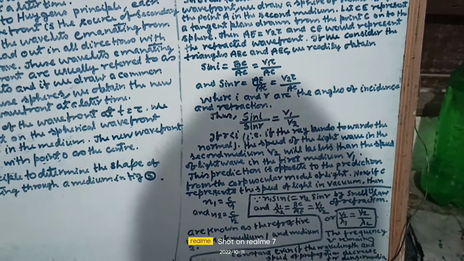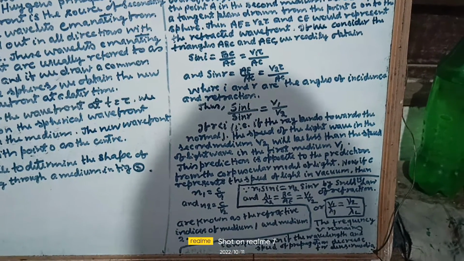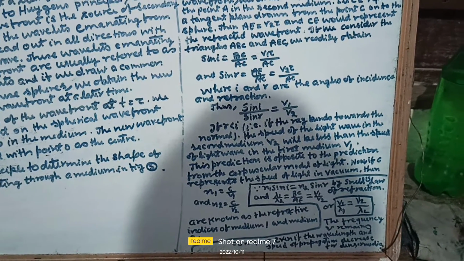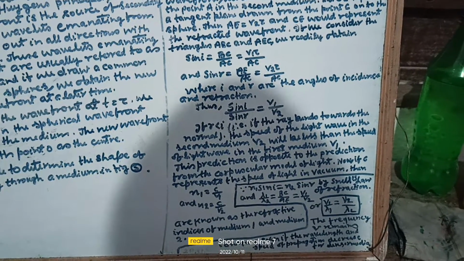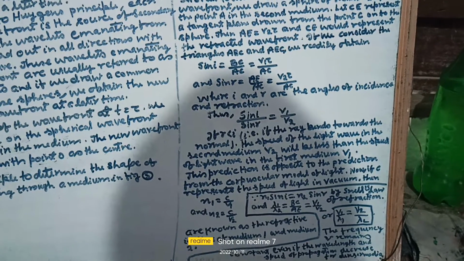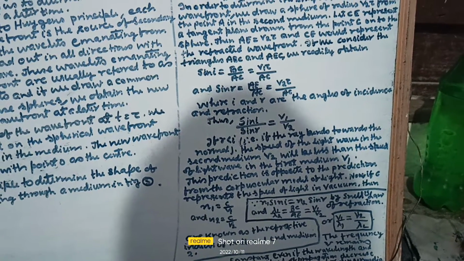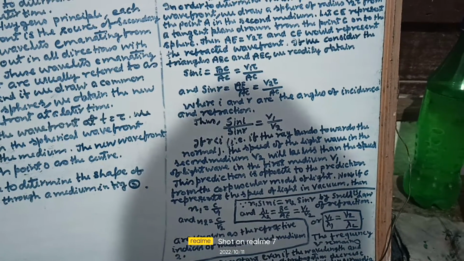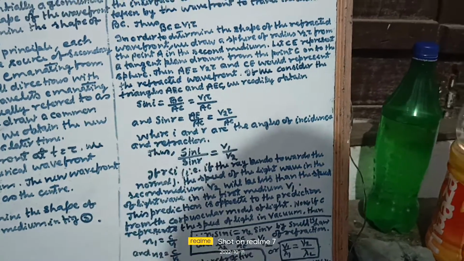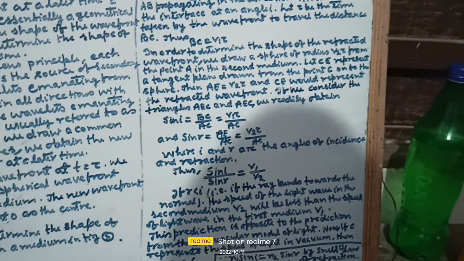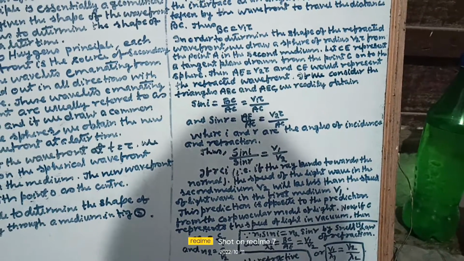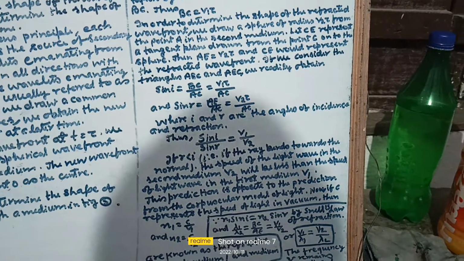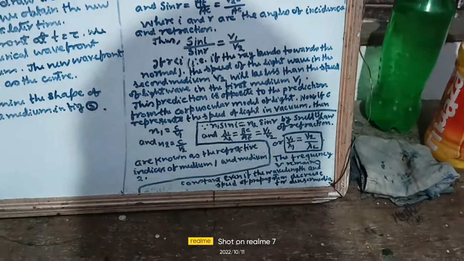Now if c represents the speed of light in vacuum, then n1 = c / v1 and n2 = c / v2 are known as the refractive indices of medium 1 and medium 2. n1 sin i = n2 sin r by Snell's law of refraction, and lambda1 / lambda2 = BC / AE = v1 / v2, or v1 / lambda1 = v2 / lambda2.